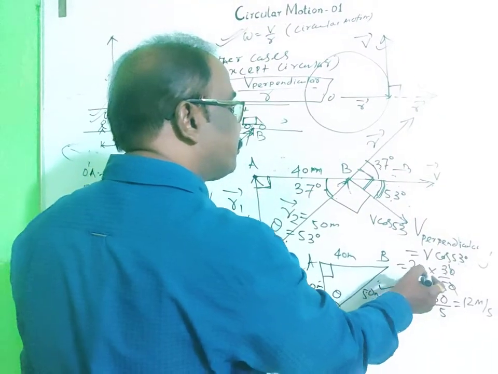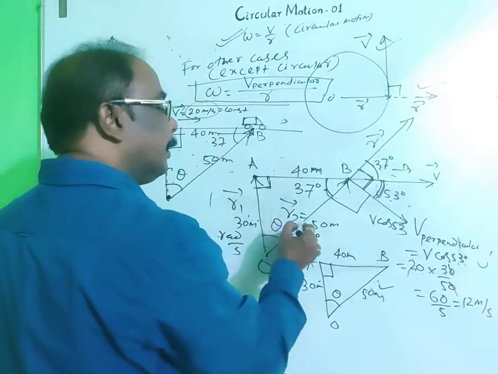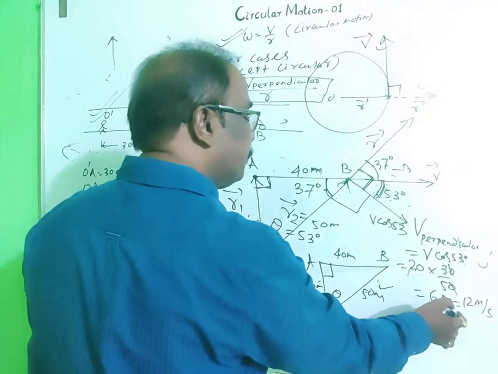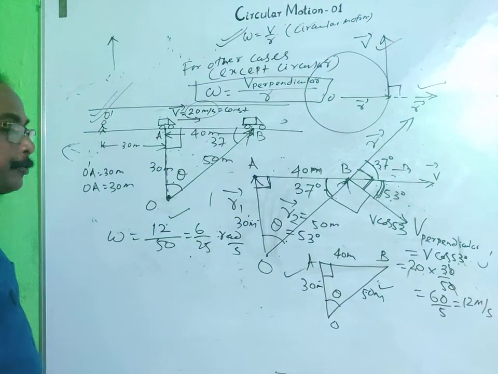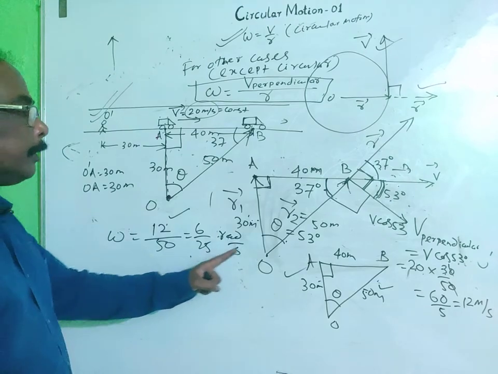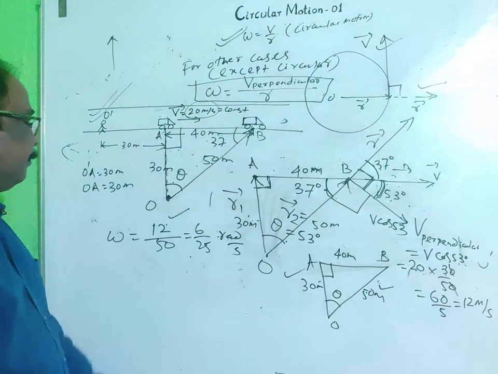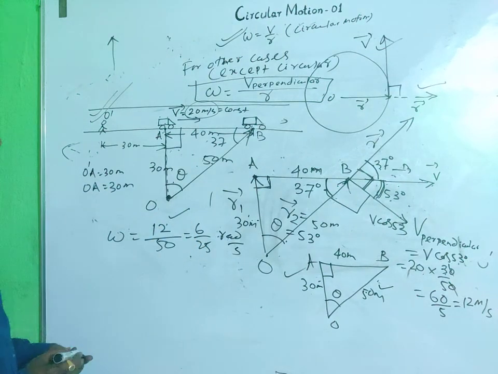V perpendicular is V cos 53. Cos 53 is 30 divided by 50. Then 60 by 5, 12 meter per second. The perpendicular component is 12 divided by the radius, 50, then 12 by 50, 6 by 25 radian per second.